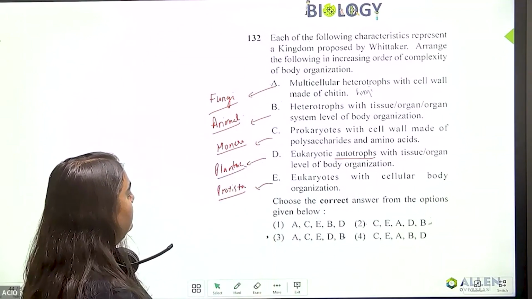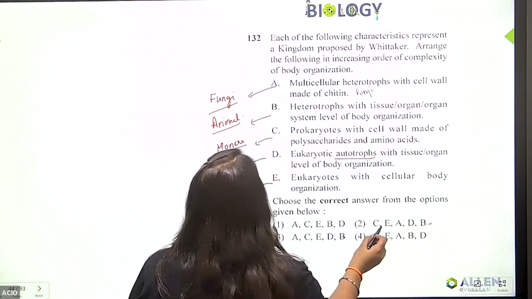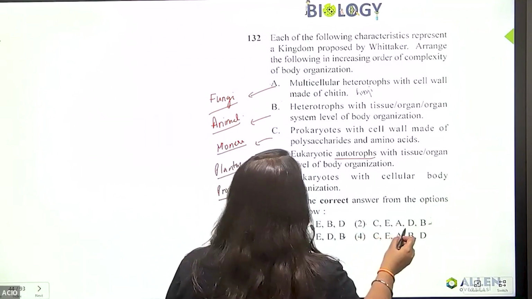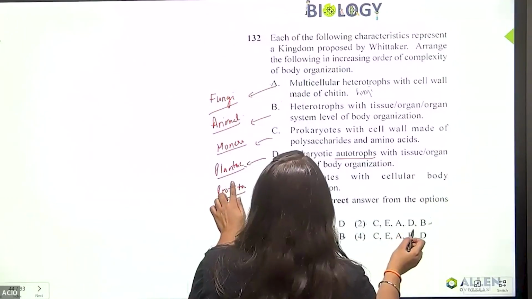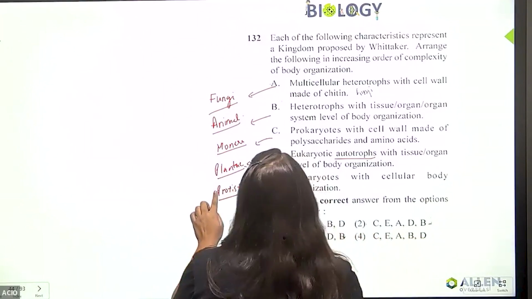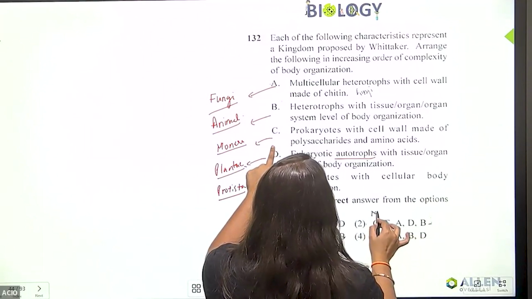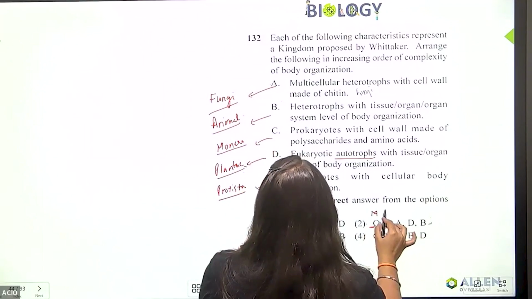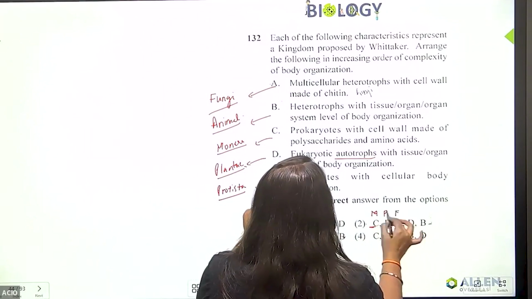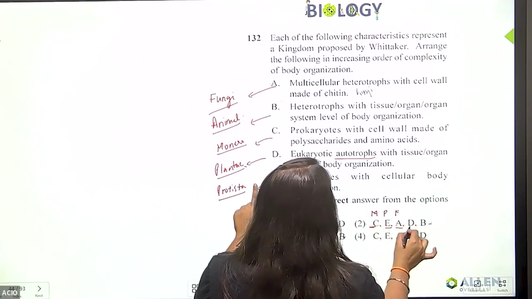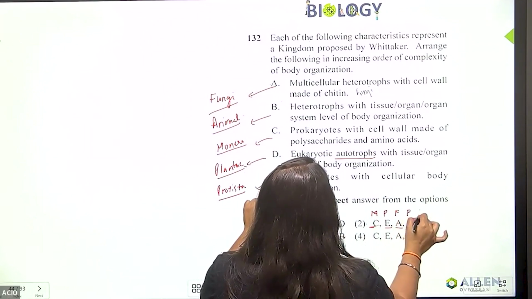So C is your Monera, E is your Protista, A is your fungi, D is your Plantae, and this is your Animalia.